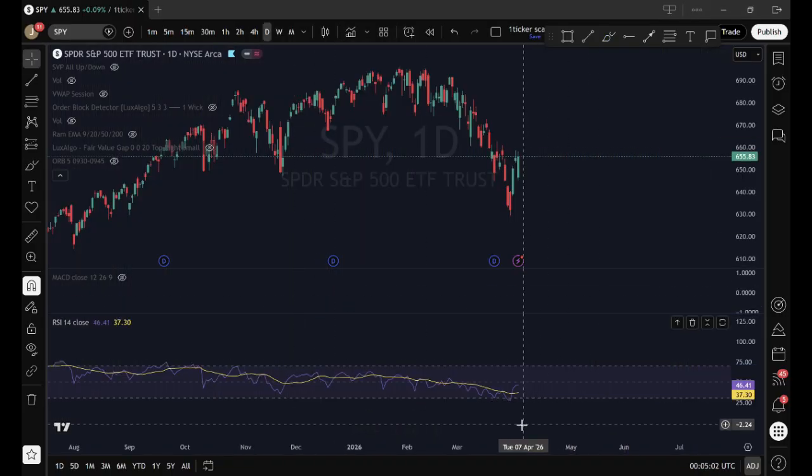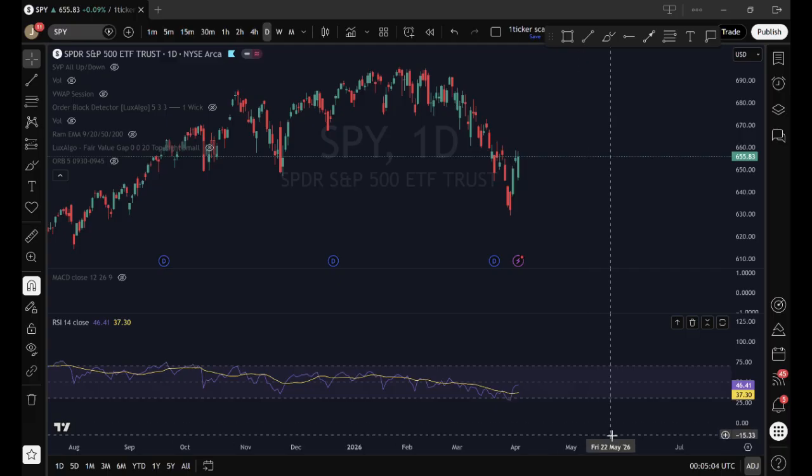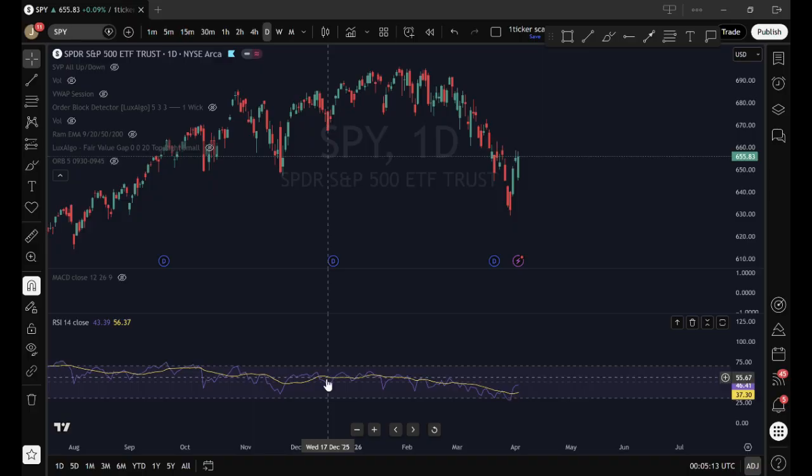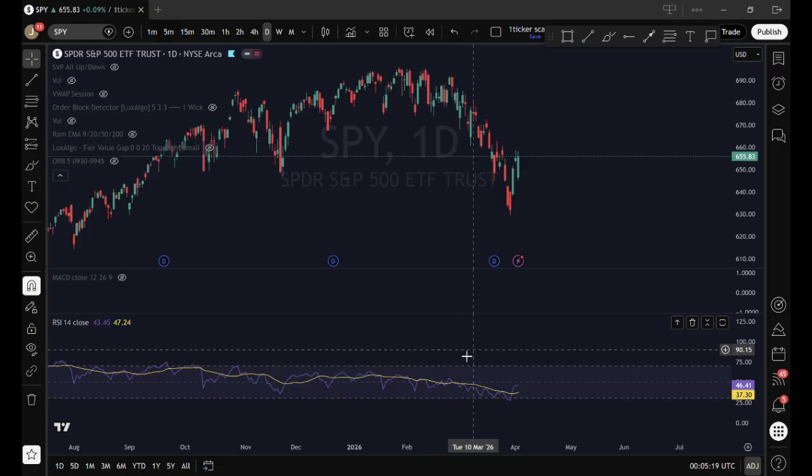Overbought can stay overbought in a strong trend, and oversold can stay oversold in a hard sell-off. So RSI is a clue, not a signal by itself, but it is a very good indicator. When you put all these together, you have success on execution and precision.